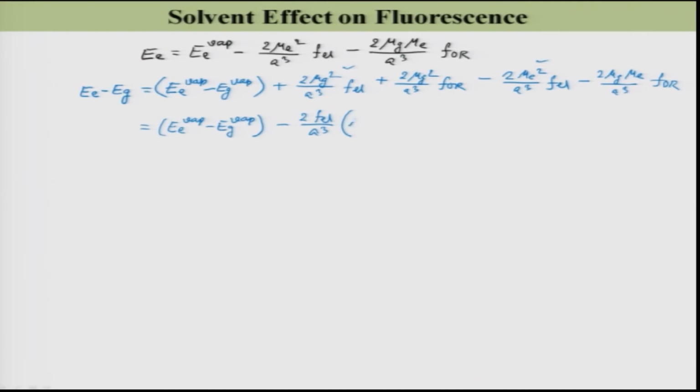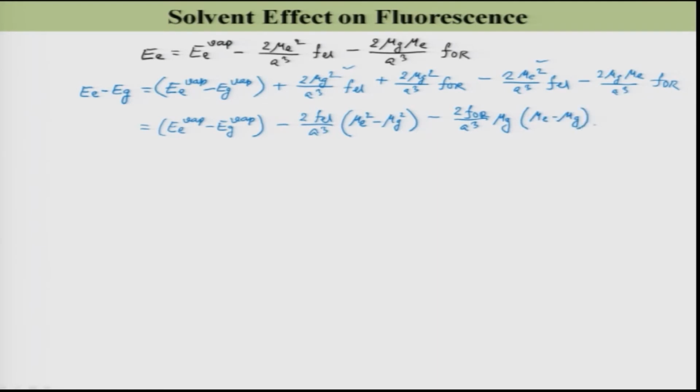So, then mu_E square minus mu_G square, and then I will also take minus 2 f_OR by a cubed mu_G out, then this is going to be equal to mu_E minus mu_G, right.